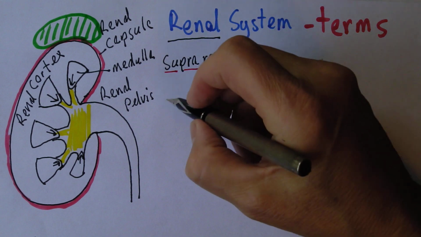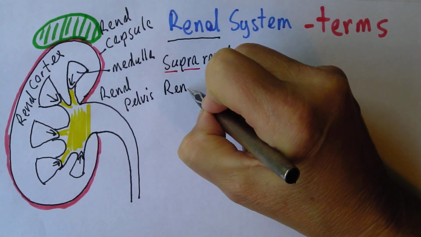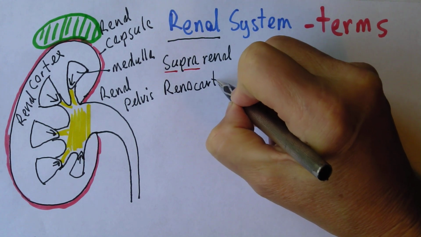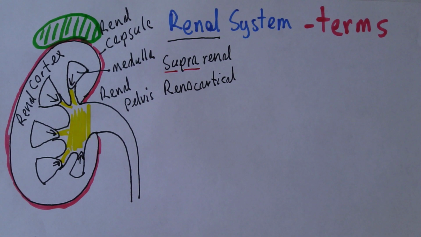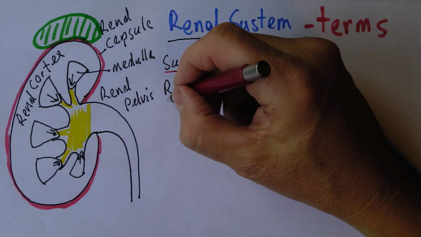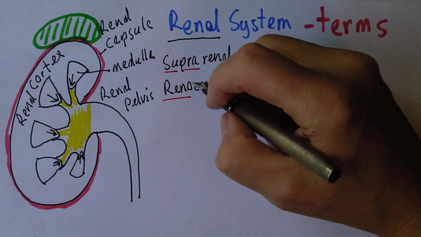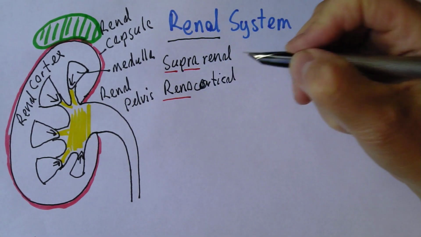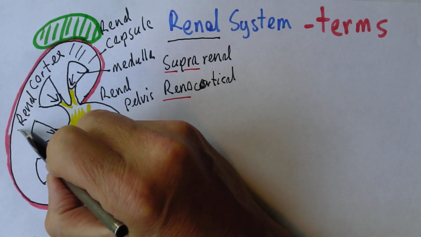Or you might come across a term, renocortical. Renocortical. So there, the reno part is the kidney, and then cortical, C-O, cortical, would be the renal cortex, this area, as we've said on the outside.